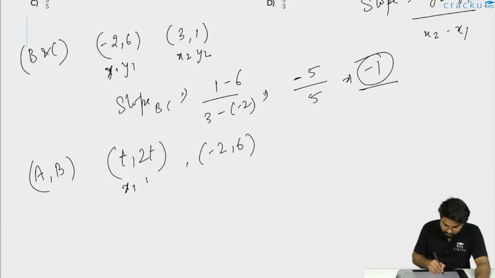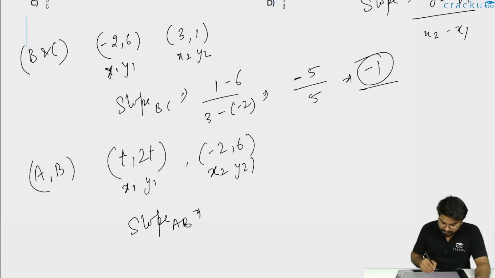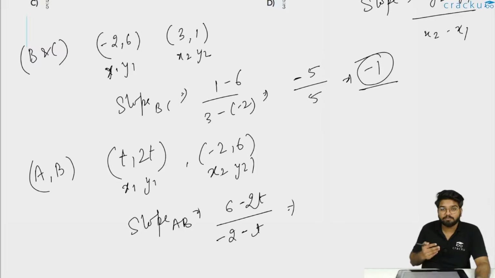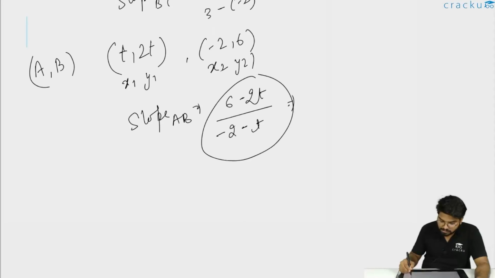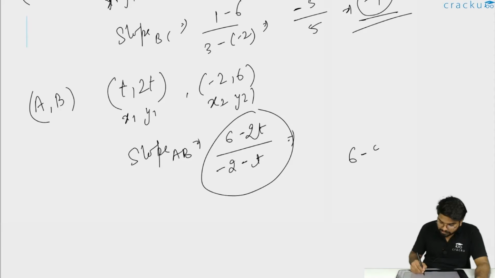Let's say this is x1, y1, and this is x2, y2. Slope AB is y2 minus y1, that is 6 minus 2t, divided by x2 minus x1, that is minus 2 minus t. Now this is the slope, and we know that the slopes are equal. It means this value should be equal to minus 1, because both lines are the same. So if we equate 6 minus 2t divided by minus 2 minus t, this is equal to minus 1.